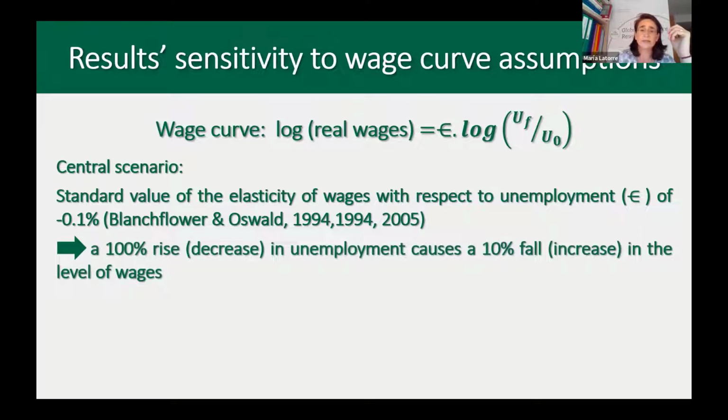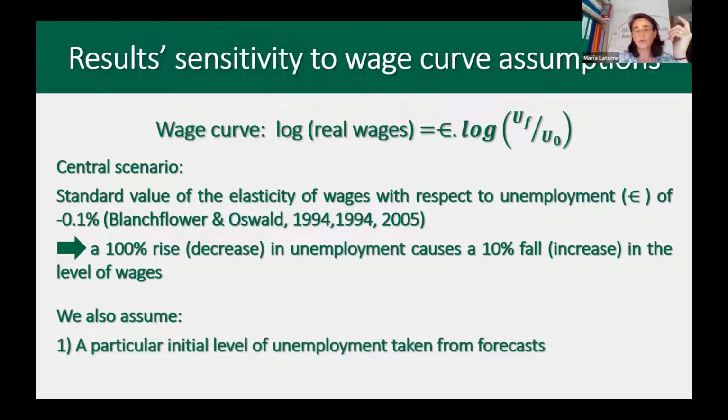This implies that a 100% rise in unemployment causes, it's a negative elasticity, a 10% fall in the level of wages, and vice versa. We also assume, of course, we have to give a number to this initial level of unemployment.